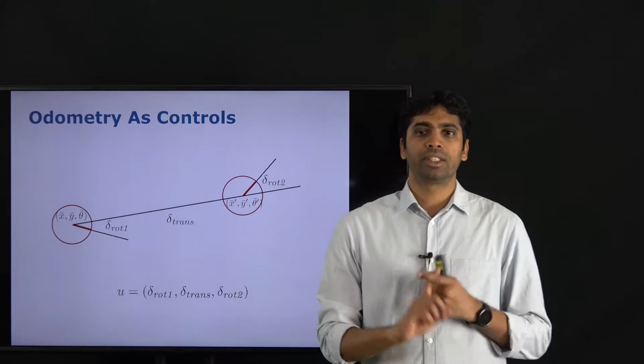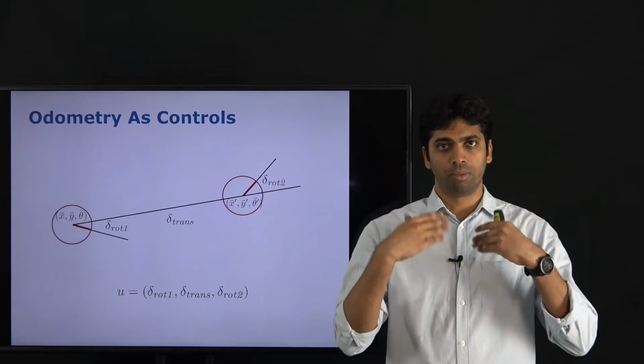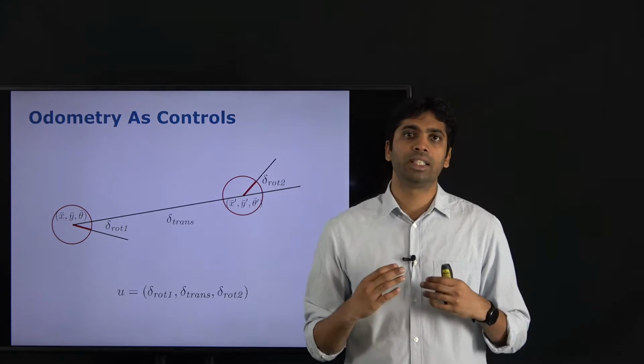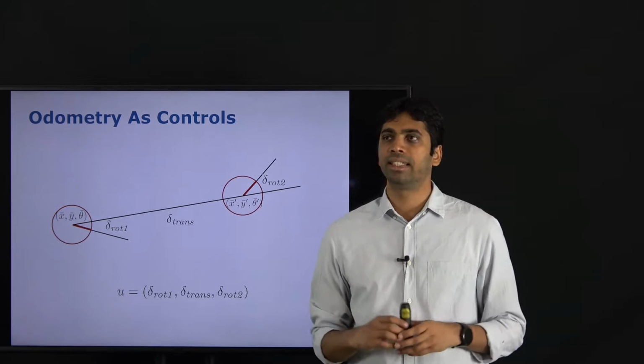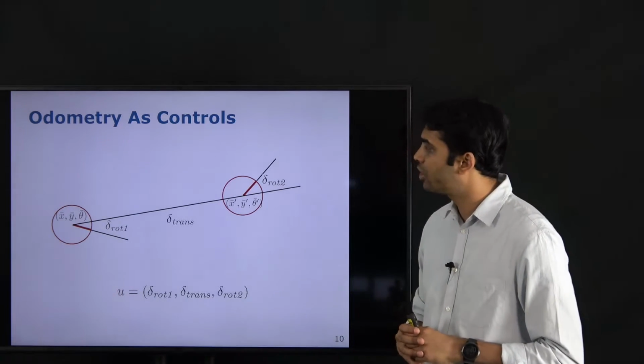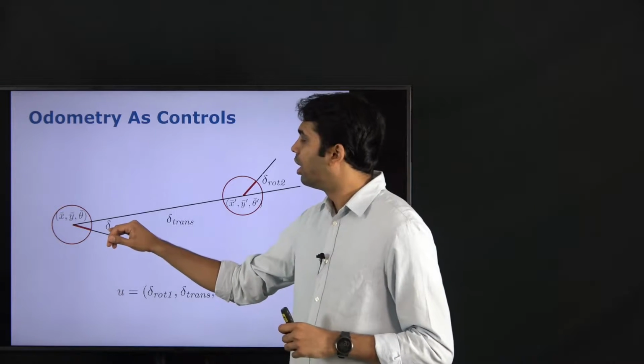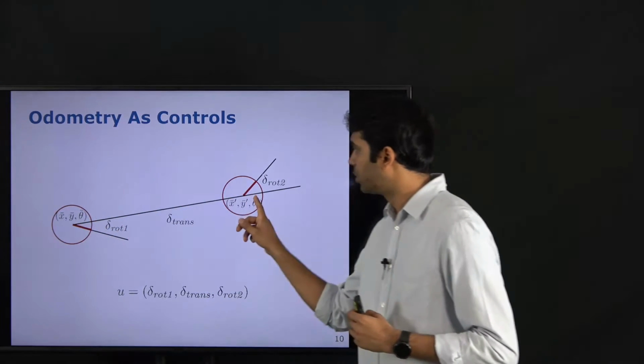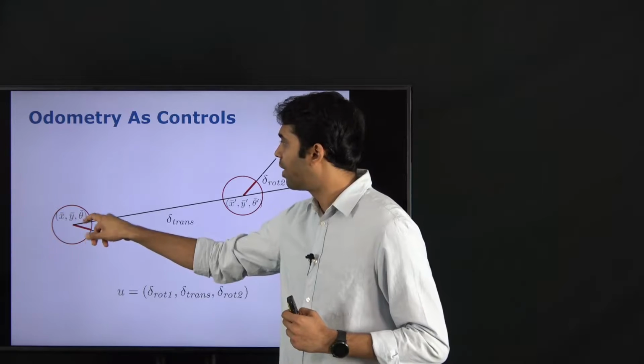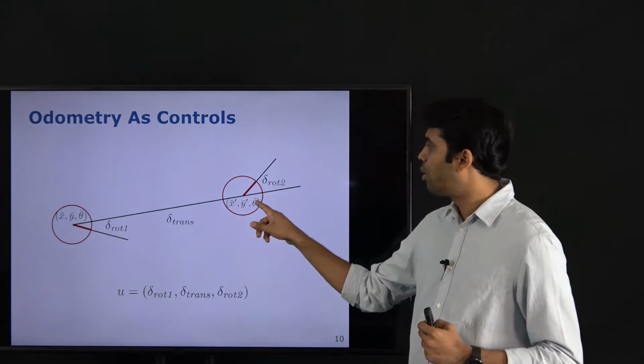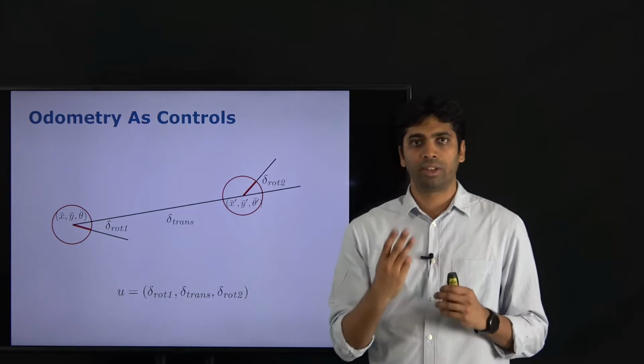Okay, so the first model that we consider is for the motion update, and we consider the odometry based model. So we had seen this in one of the previous lectures, where we said that we can formulate the motion between two poses, so here between x, y and theta, and x bar, y bar and theta prime, by three parameters.